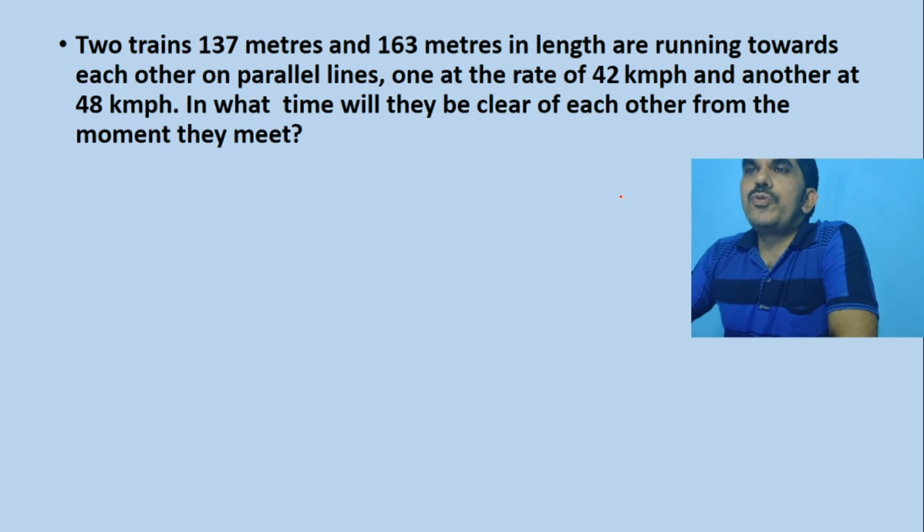Now, two trains 137 meters and 163 meters in length are running towards each other, on parallel lines. One is at a rate of 42 km per hour, another at a rate of 48 km per hour.